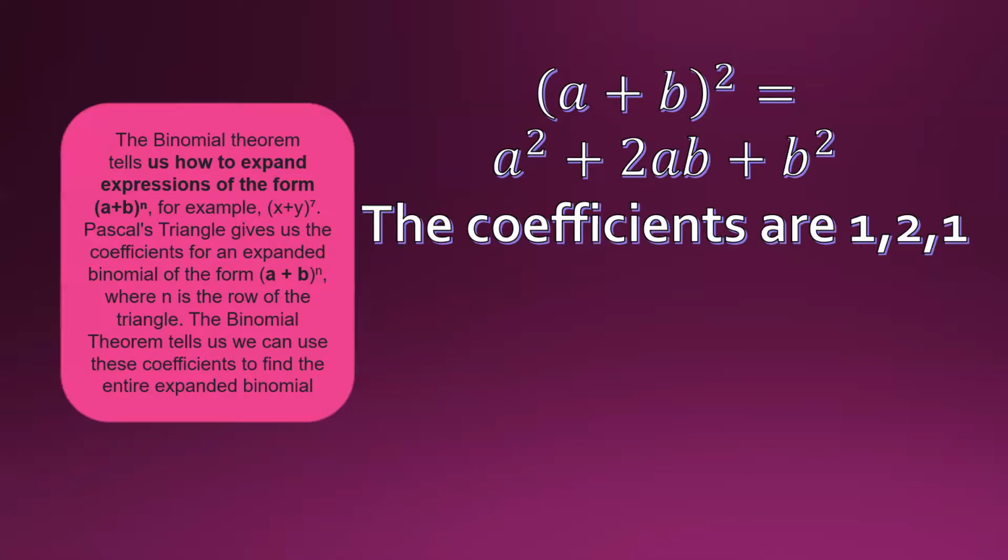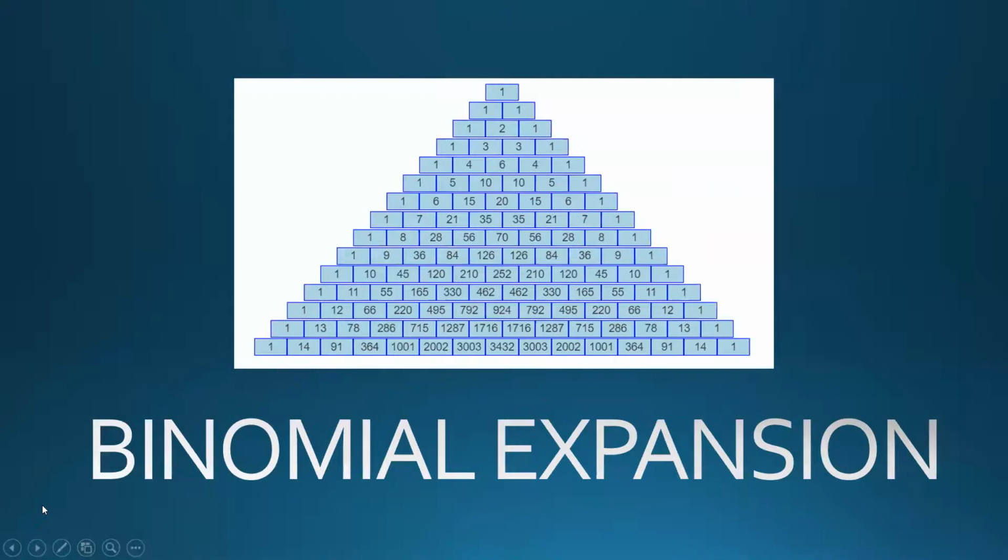Now we know that the coefficient of a square is 1, since nothing else is mentioned here, 2 for 2ab, and again 1 for b square, which gives us 1, 2, and 1. If we look closely, this has been observed somewhere else. Exactly. If we go back and look at the Pascal's triangle, the second row gives us 121.